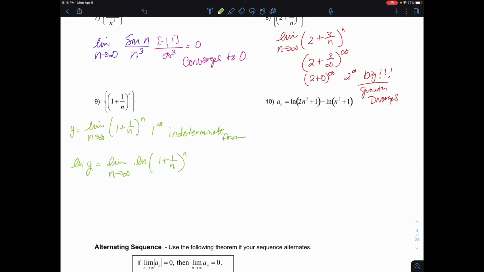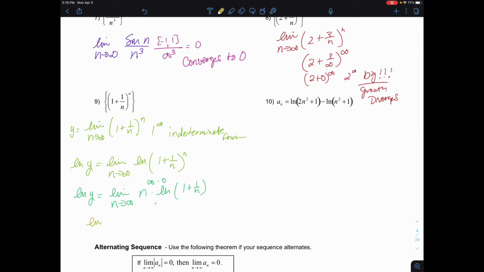Let's pull that n out in front. That's a logarithmic rule. So we end up with the limit as n goes to infinity of n times ln of 1 plus 1 over n. This is still an indeterminate form because now we have infinity times 0. And we like to have 0 over 0, so we're just going to put that n in the denominator.